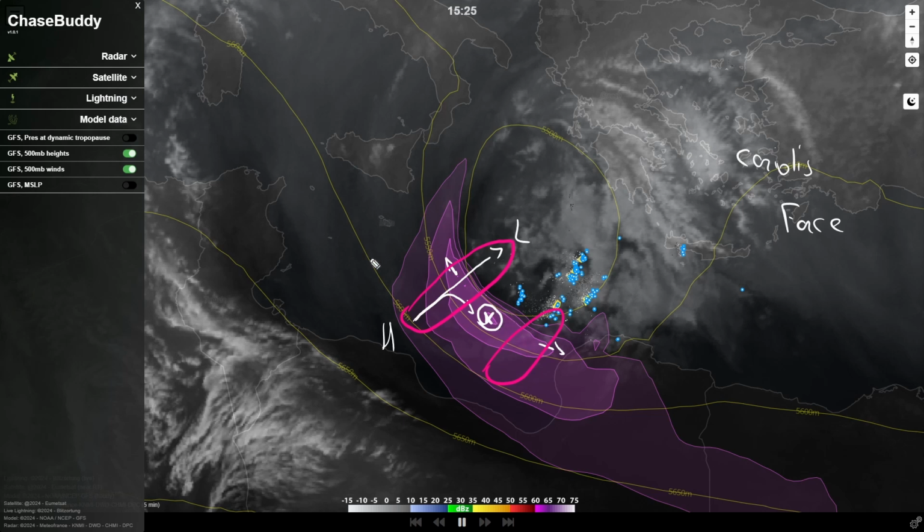Okay, and now we're going to look at these two regions here, the entrance region and the exit region, because they play a crucial role in the initiation of vertical motion within the atmosphere.